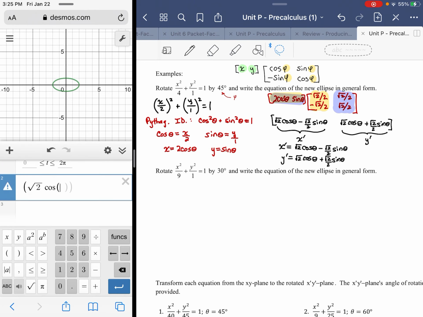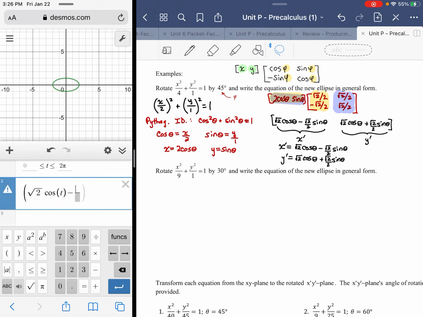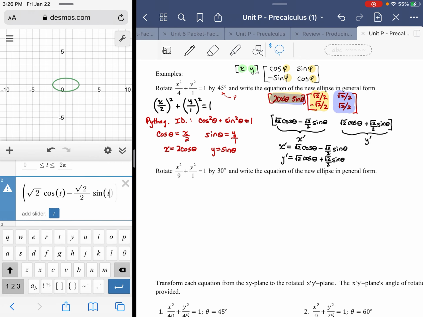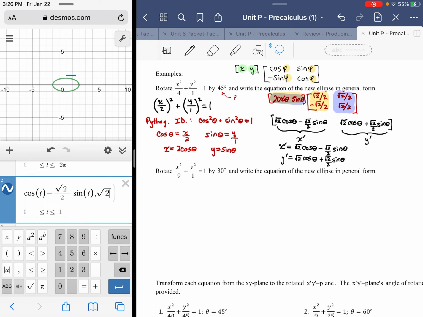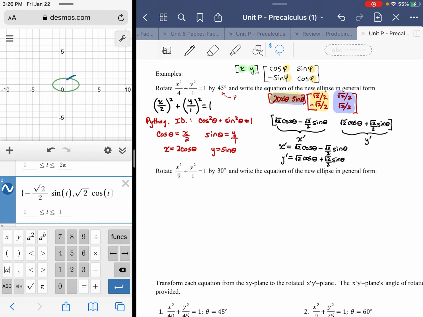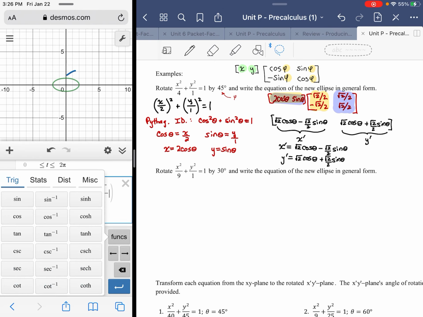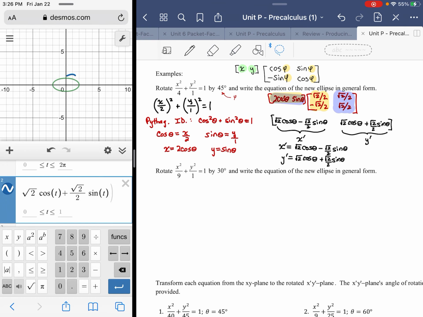Radical 2 cosine of t, close it up, minus fraction tool, radical 2 over 2 sine of t, close it up, comma, radical 2 cosine of t plus fraction tool, radical 2 over 2 sine of t, close it up.